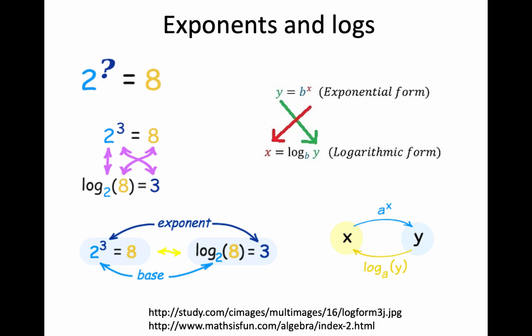I think if your instinct is ever, oh, I don't really get logs, just be like, oh, but I get exponents. Exponents are no big deal. And this is just a rewriting of exponents. Now, I don't feel like it's a particularly natural rewriting of exponents, but the key thing is that our understanding of log is going to rely on our understanding of exponents.